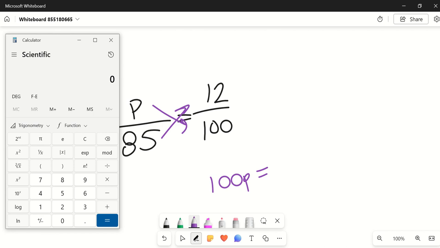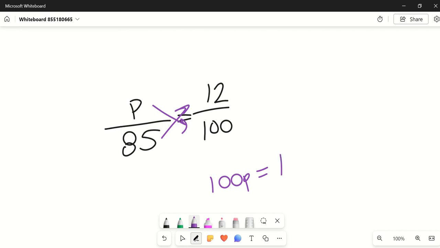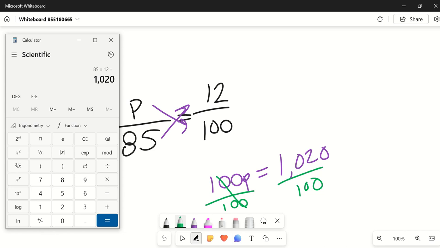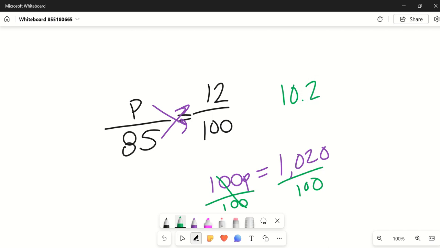I'm going to pop that into my calculator. 85 times 12. That'll be 1,020. Divide both sides by 100. That'll give me 10.2. Therefore, 10.2 is 12% of 85. And that would be my answer. I would write that out as my answer.